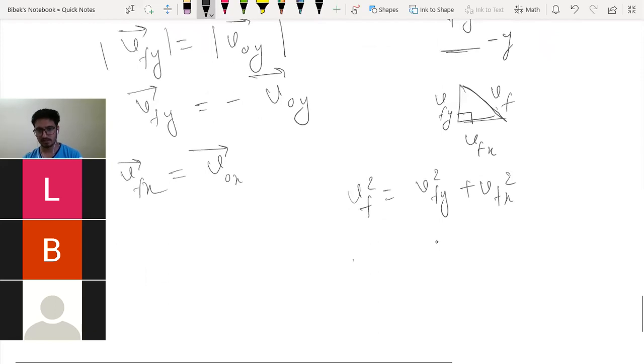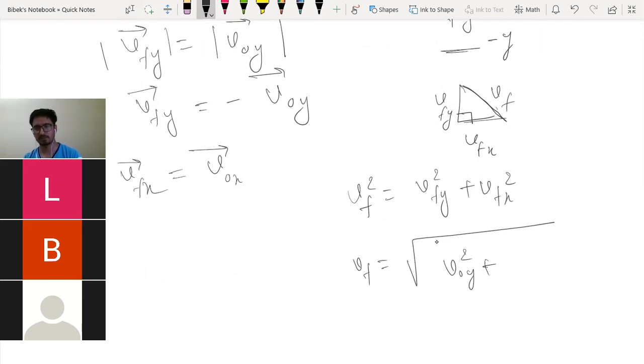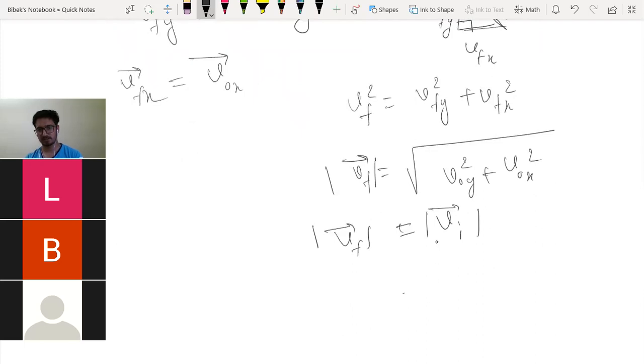Since there's the square of negative v0y, the negative becomes positive, because it only indicates direction, so you don't need to take the negative. You just take the magnitude, square it, and vfx is v0x squared, so the final speed will be equal to the magnitude of the initial velocity. But the direction will be negative because it's going downwards.